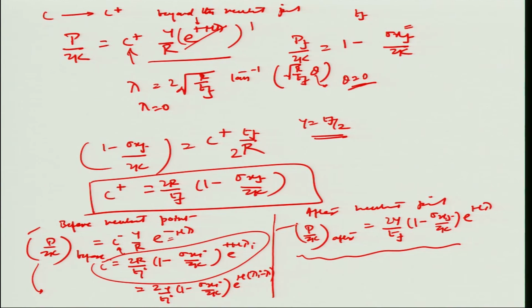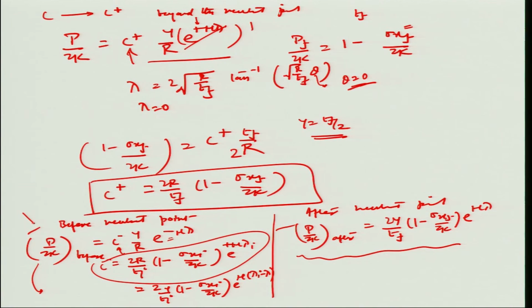And in fact, if we really wanted to determine what is going to be the pressure at the neutral point, you can either use the equation before or the equation after to look at what the pressure is after and before the neutral point.